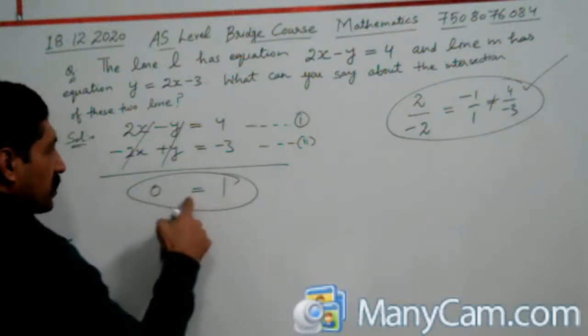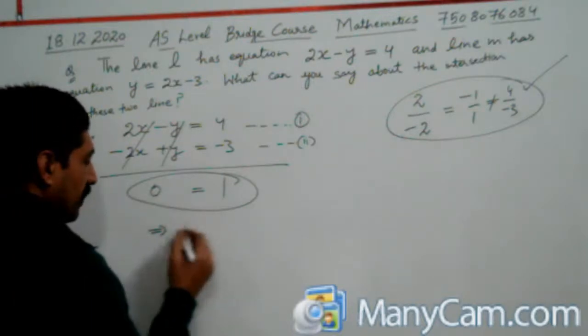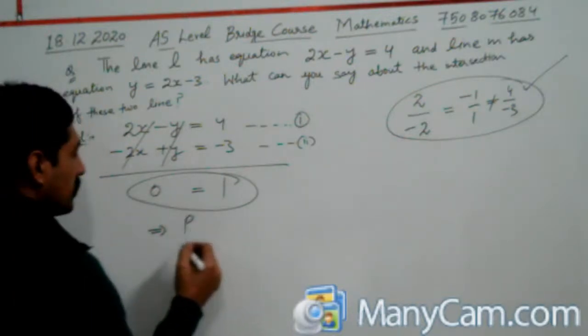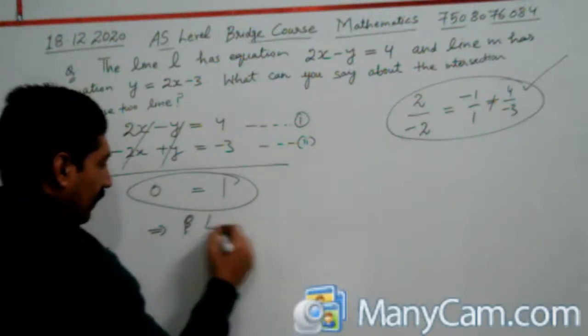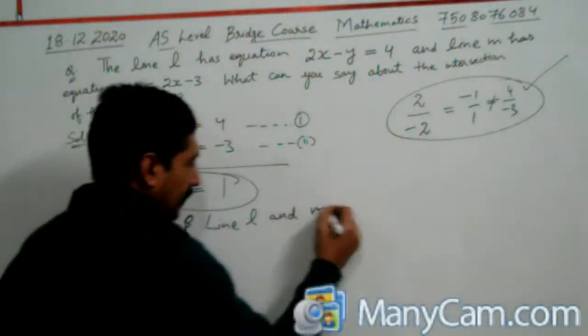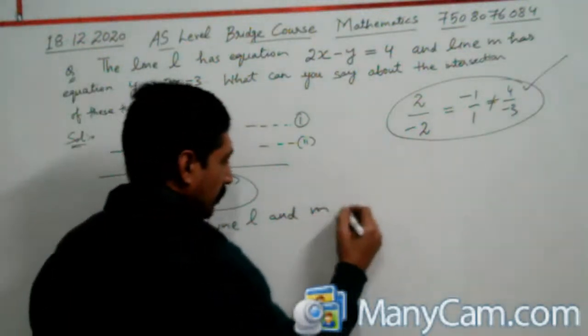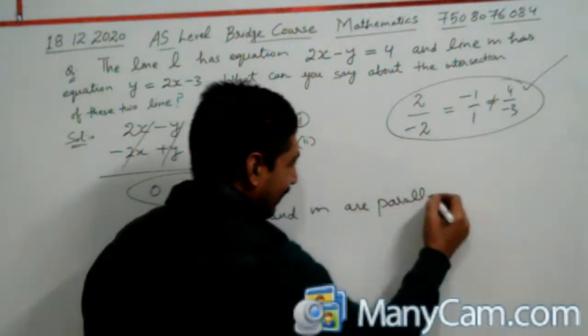So this implies that the pair of linear equations, line L and line M, are parallel to each other.